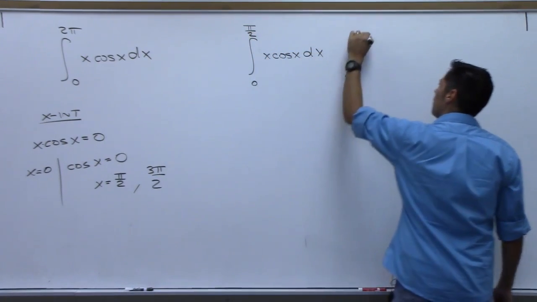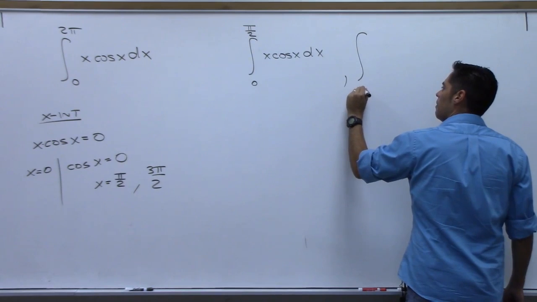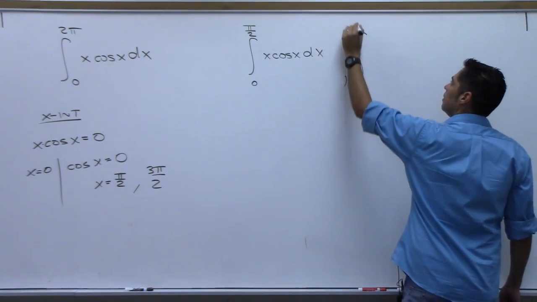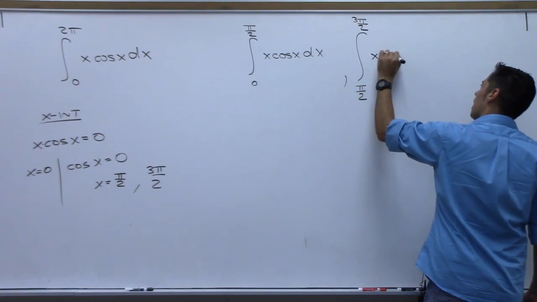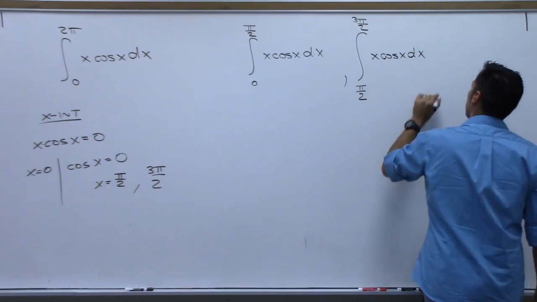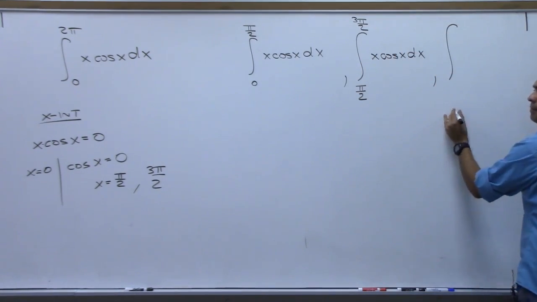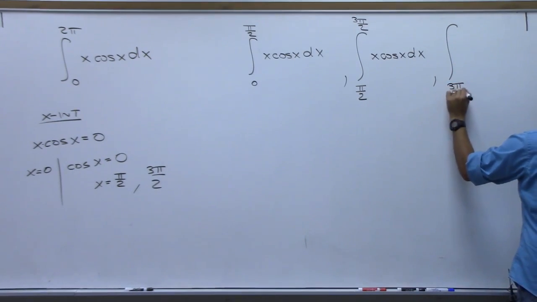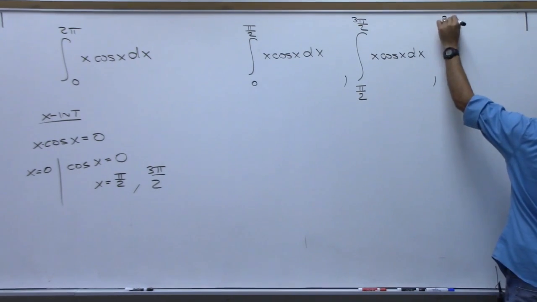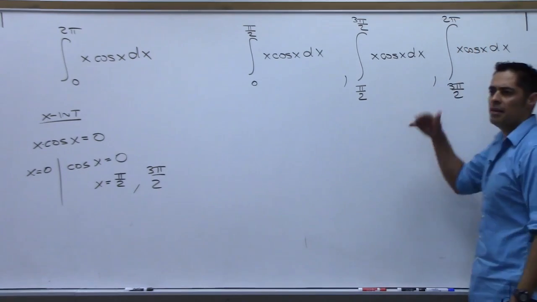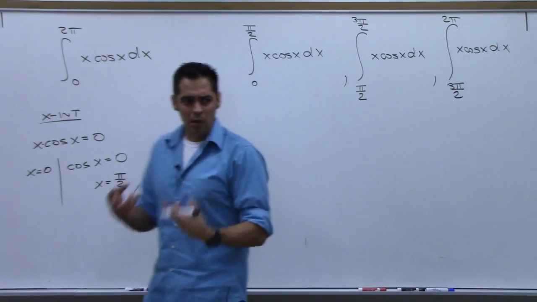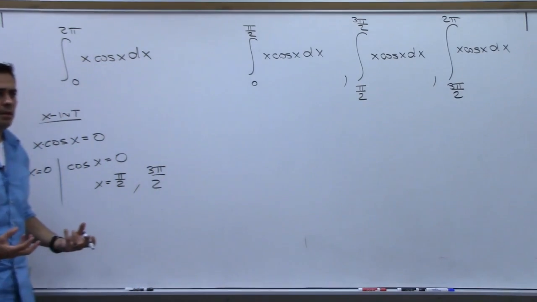Then another integral from pi over 2 to 3 pi over 2 of x cosine x dx. And then another from 3 pi over 2 to 2 pi of x cosine x dx. The good news is that we know the antiderivative of all these, so it's just a matter of plugging things in, right? That's all this would be.